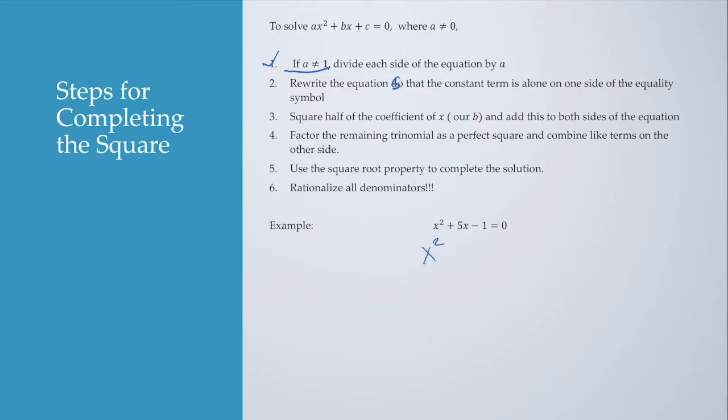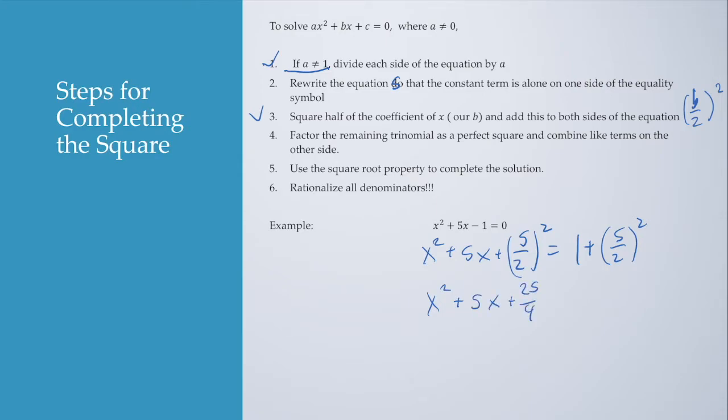I've got x squared plus 5x equals 1. Then I add my b over 2 squared. Notice this isn't going to be so nice. Why? Because it's a fraction. But we're smart. We can work with fractions. So I have x squared plus 5x plus 25 over 4. It's 1 plus 25 over 4.